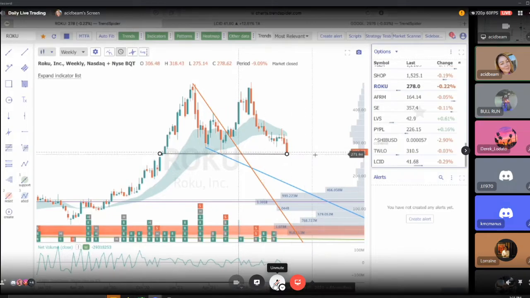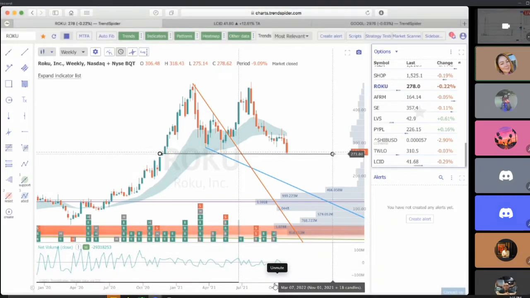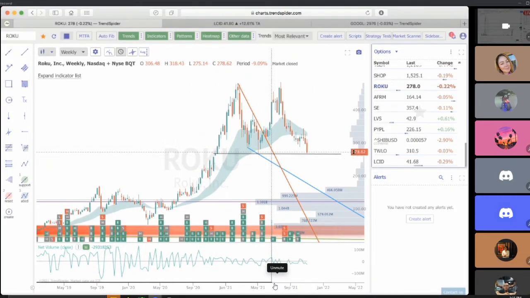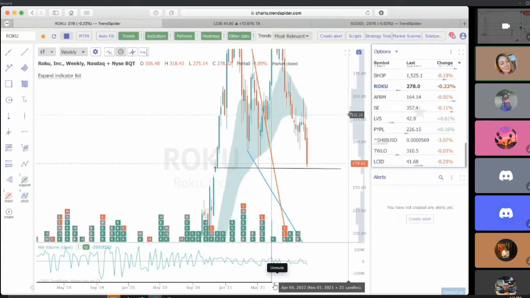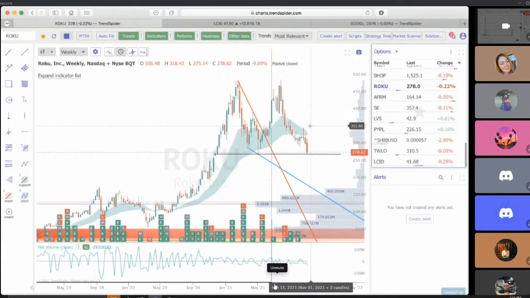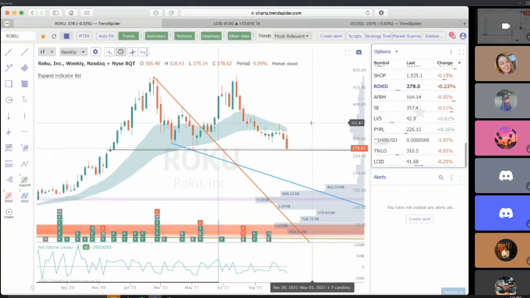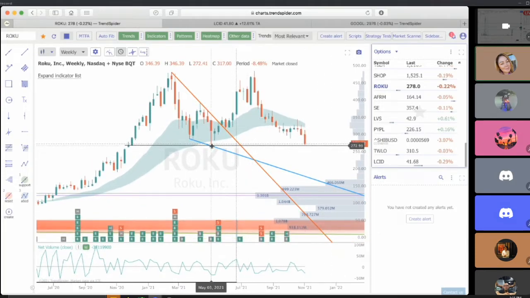See this one, guys? This is the support right there. This is a weekly chart. Yeah, so 270 was the low on this one. 272 was the low.